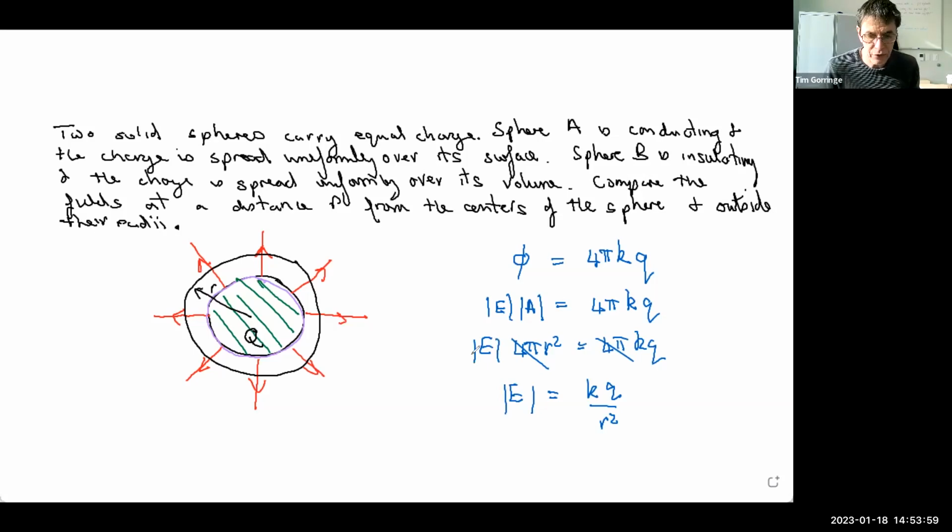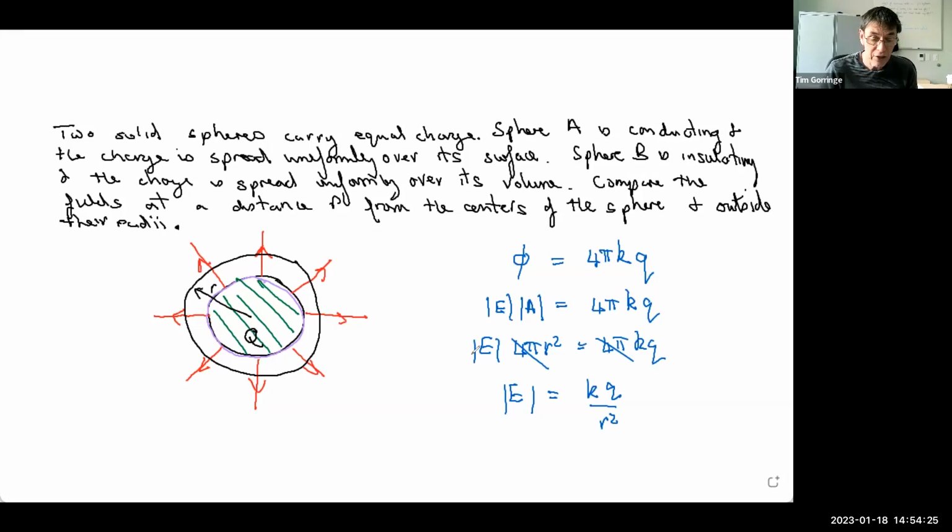It looks like the electrical field of a point charge, if you look at it. And that electrical field is the electrical field of the conductor's distribution of charge and the insulator's distribution of charge. If they have the same quantity of charge, then they have the same electrical fields outside of the sphere.